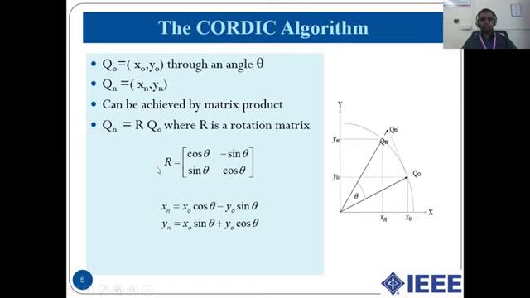This was first proposed by Volder, and therefore when Q0 is multiplied with R, the product gives you the values of Xn and Yn, which come out to be Xn equals X0 cos theta minus Y0 sin theta, and Yn is equal to X0 sin theta plus Y0 cos theta.